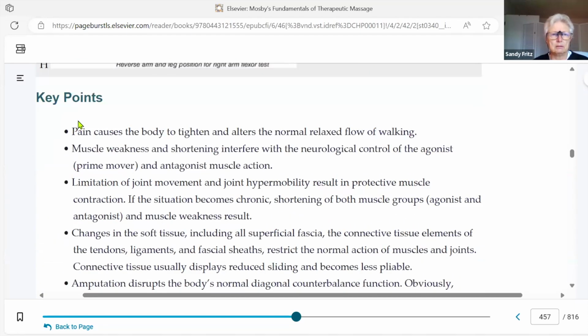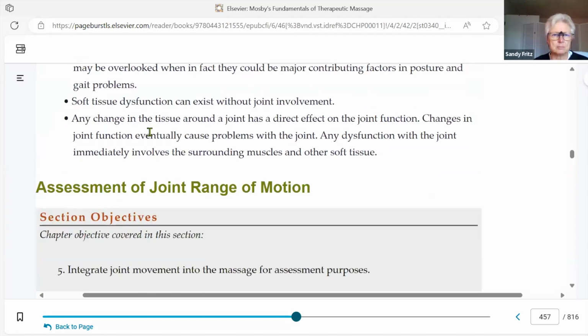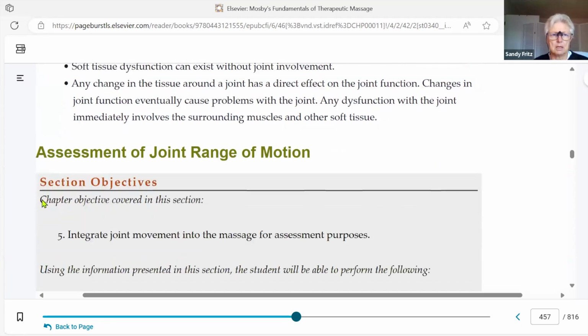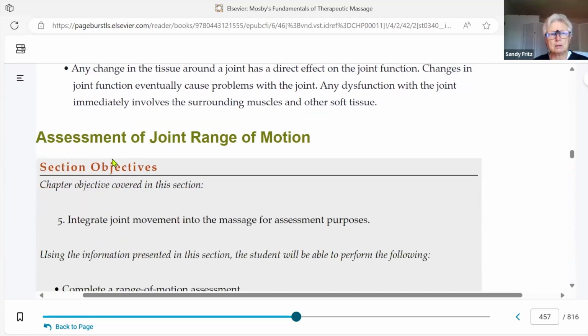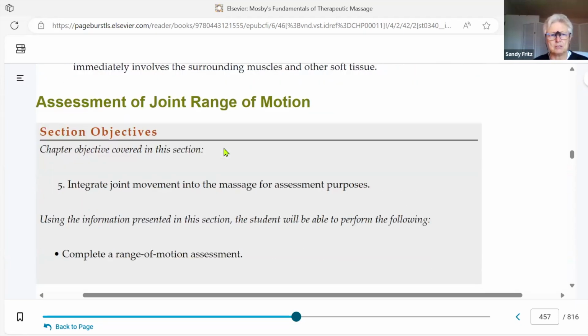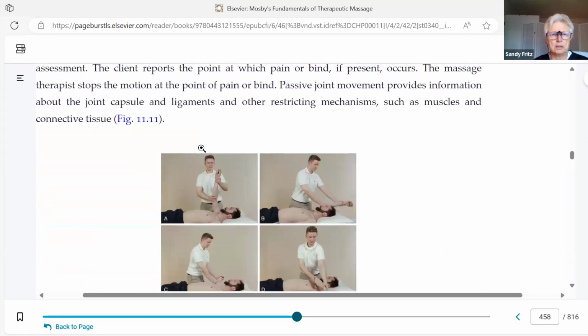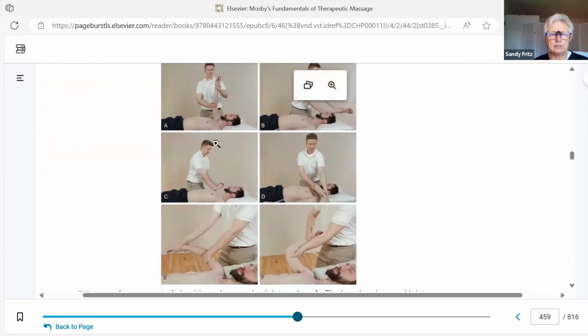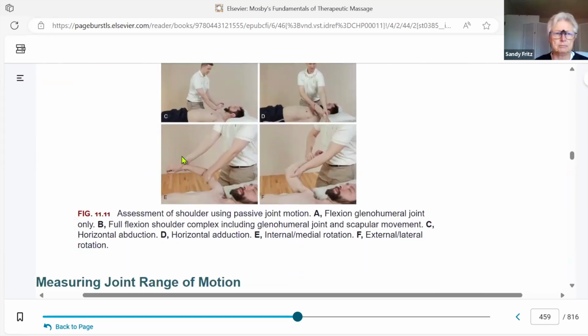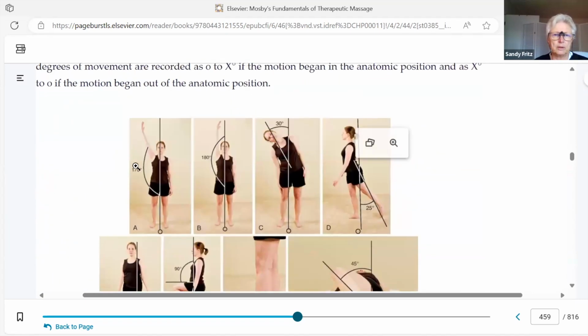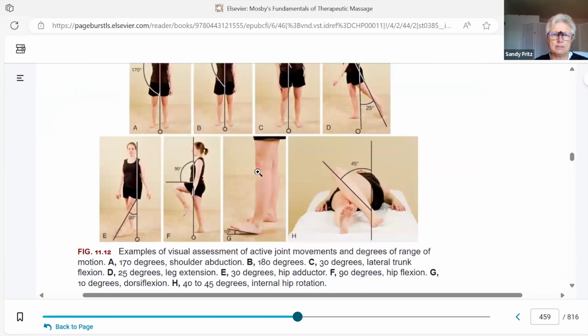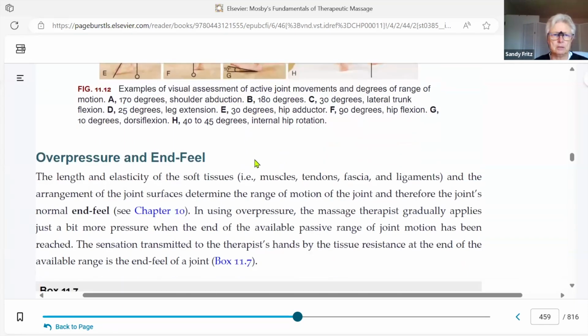And then kind of pulling all this together into some key points. So we've got range of motion assessment as well. And we are assessing range of motion by doing joint movement. So here are some examples of typical range of motion.